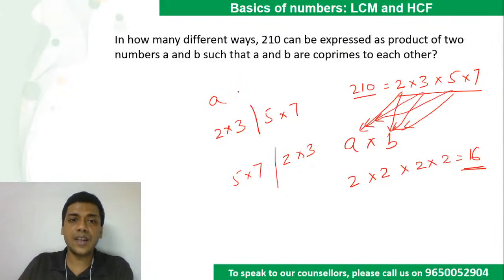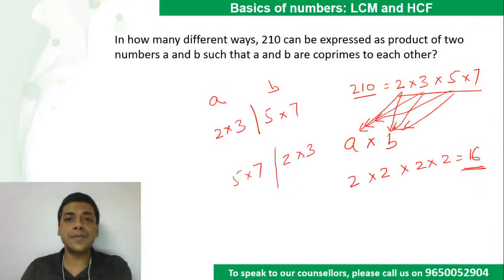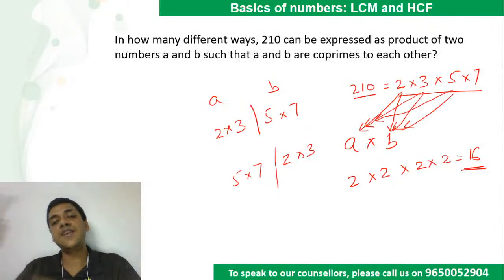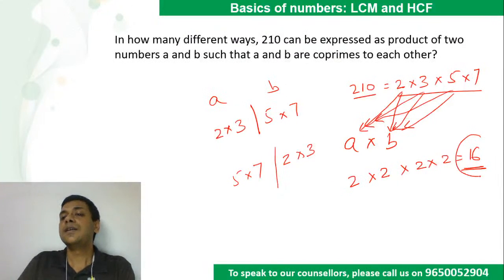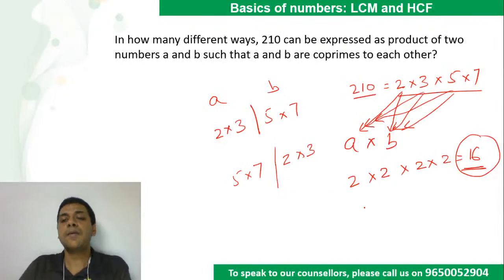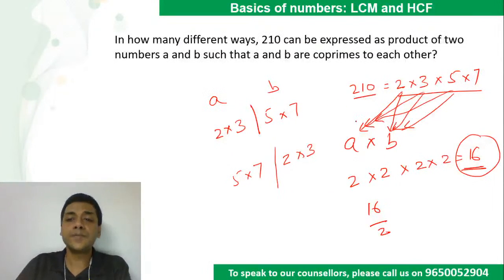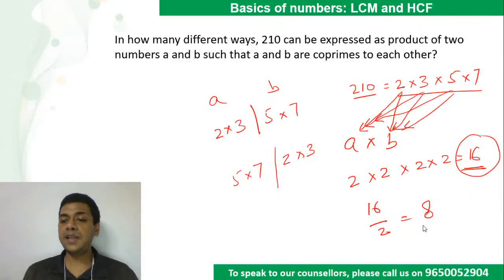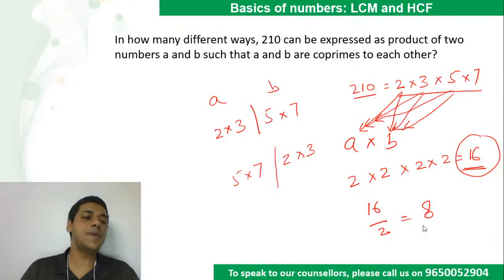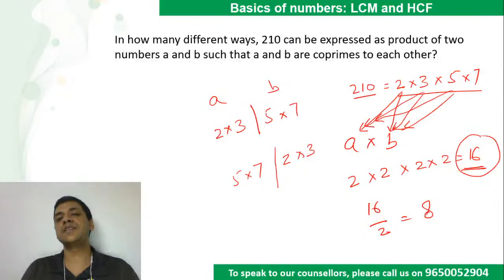If you consider A and B as two distinct numbers, where A, B is different from B, A, which we call an ordered pair, there will be 16. But if you ask in how many ways it can be written as a product of two numbers, my answer would be 16 upon 2, because in 16 pairs, each and every pair will be repeated twice. So the pairs will be exactly half of it, which is 8. But the ordered pairs will be 16.